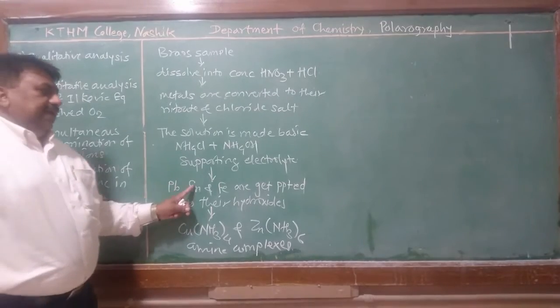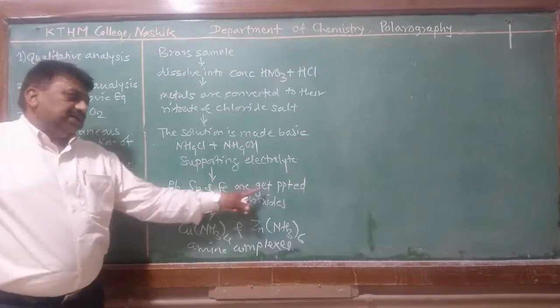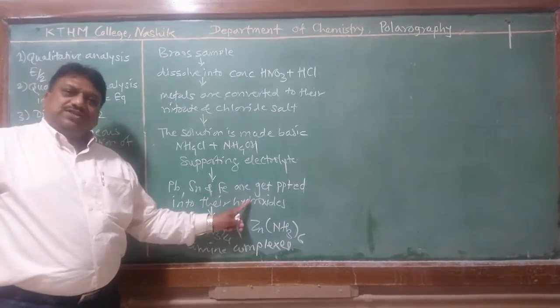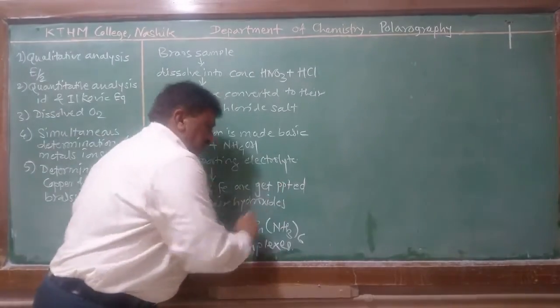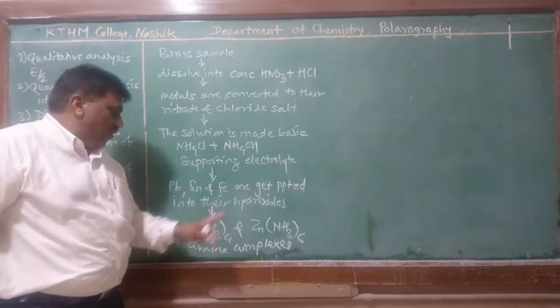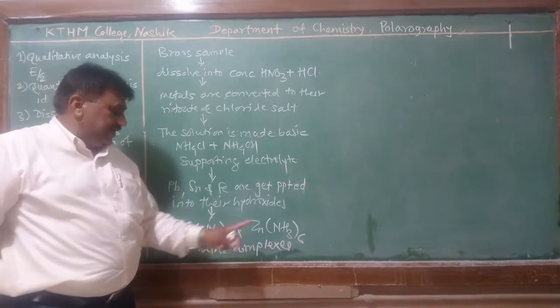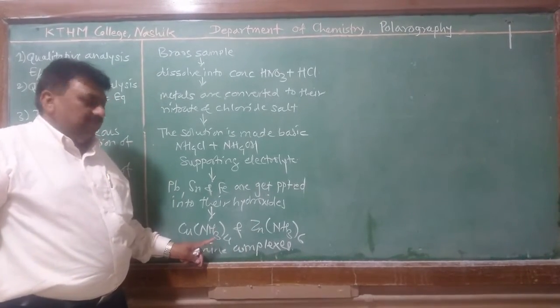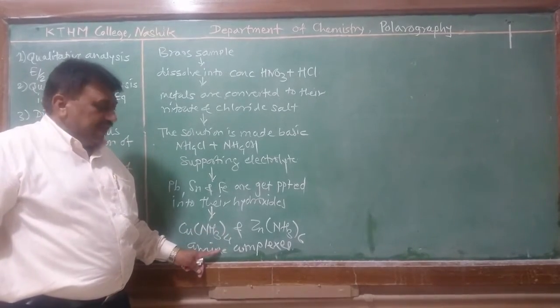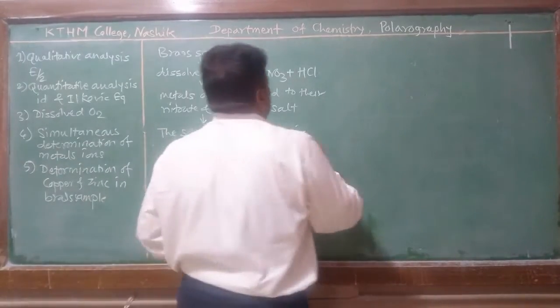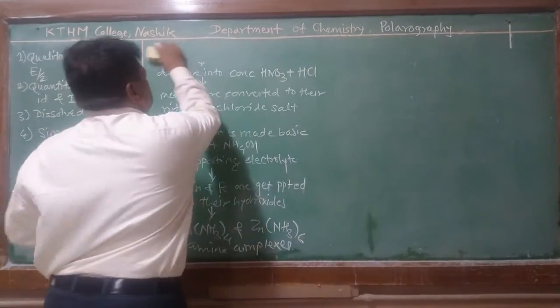Therefore, tin, lead and iron are converted into their hydroxides, that is, into insoluble form, while copper and zinc are converted into their soluble amine complexes. Then the solution is filtered.